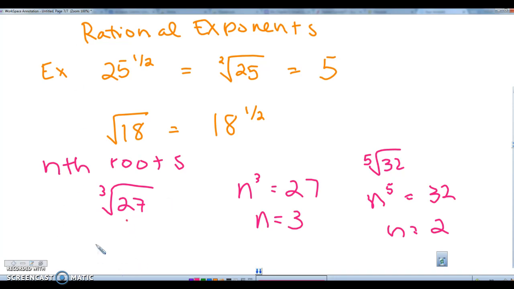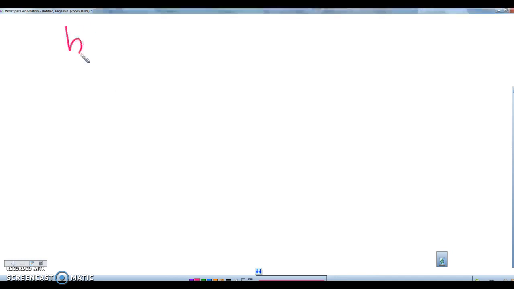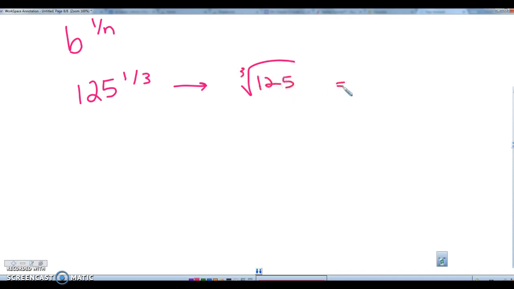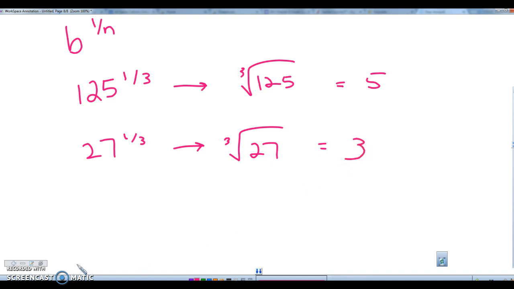So what this really means for us is that for any base b, we can do it with 1 over n, where n is any integer. So if I have 125 to the 1/3, I can solve that. That is the cube root of 125, which gives us 5. Try this next one on your own. That should be the cube root of 27, which is 3.